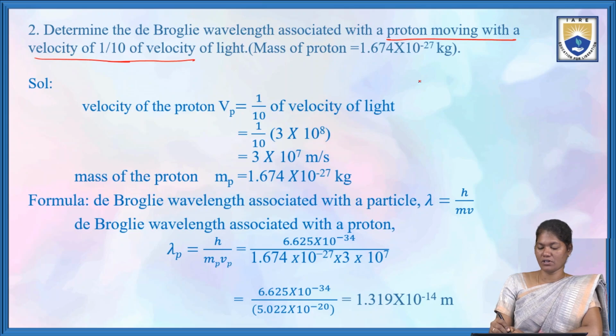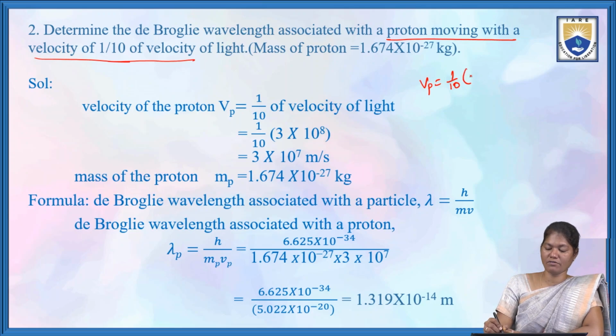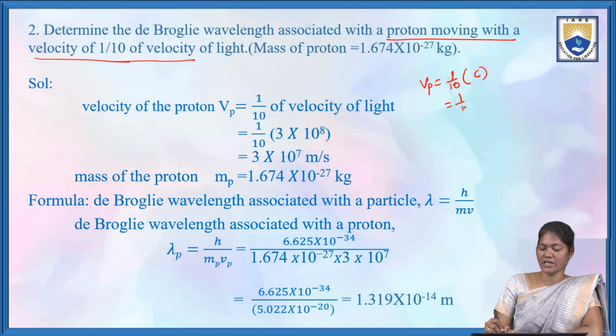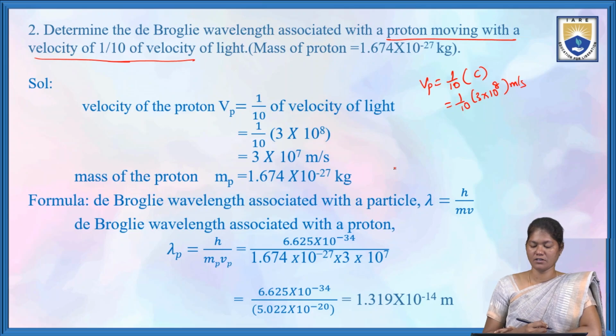So velocity of proton Vp is 1 by 10 of the velocity of light, that is C. The velocity of light is 3 into 10 power 8 meters per second, so this we can write as 3 into 10 power 7 meters per second.